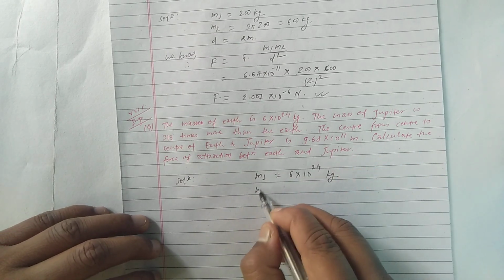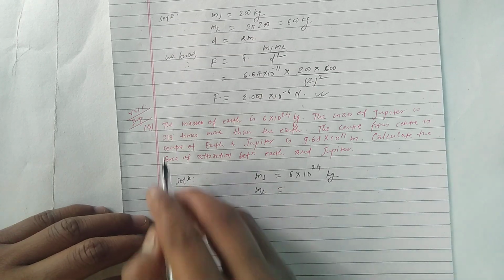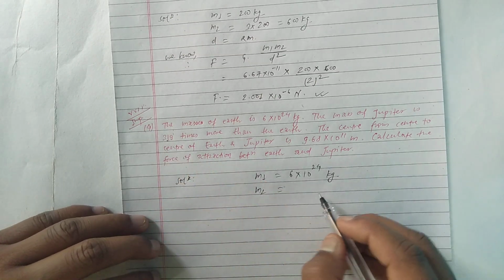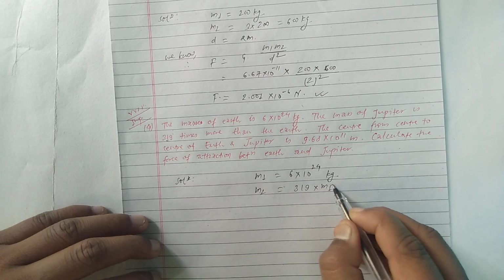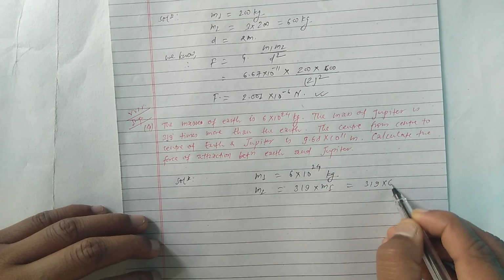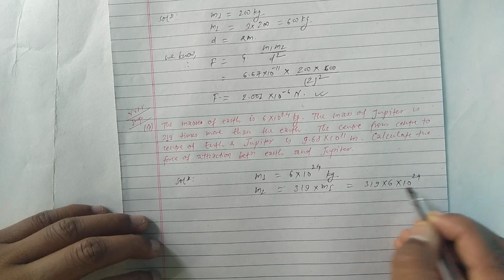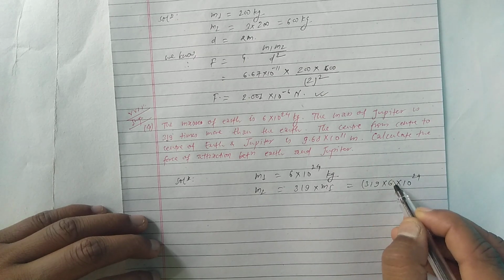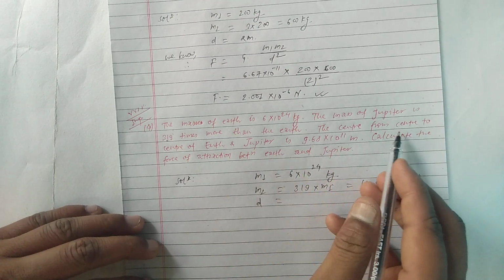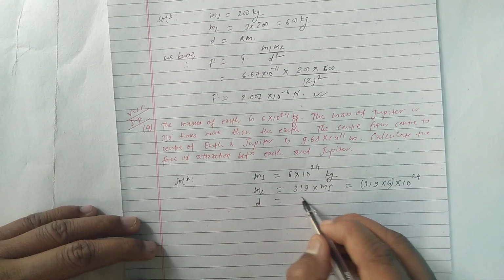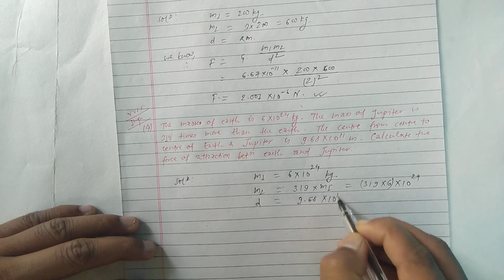The mass of Jupiter, that is m2, is 319 times, it means 319 into this mass of m1. So 319 into 6 into 10 to the power 24. And the center to center distance of Earth and Jupiter is 9.68 into 10 to the power 11 meter.